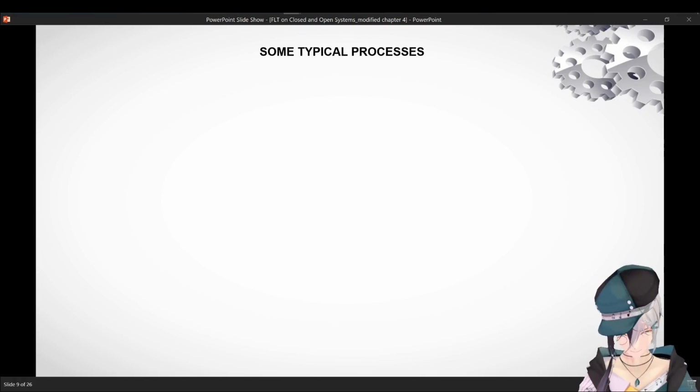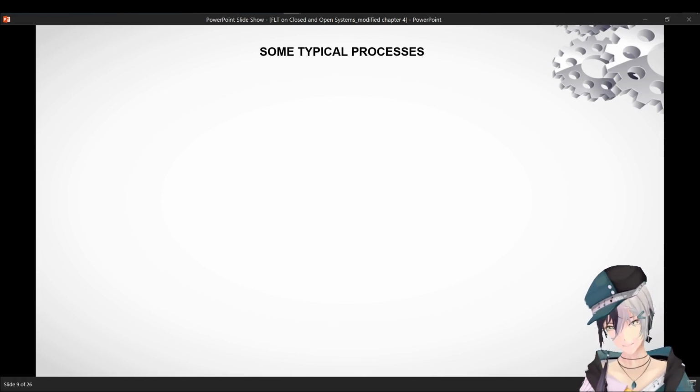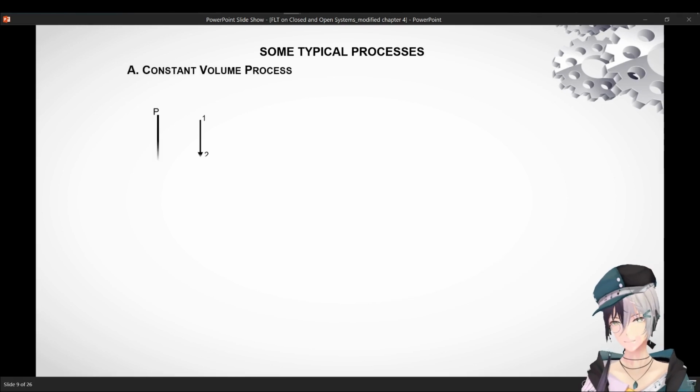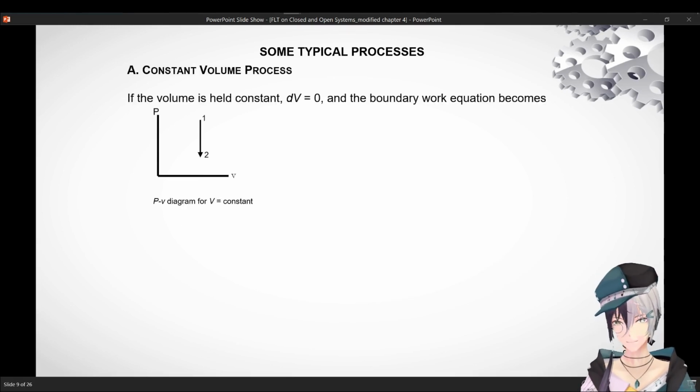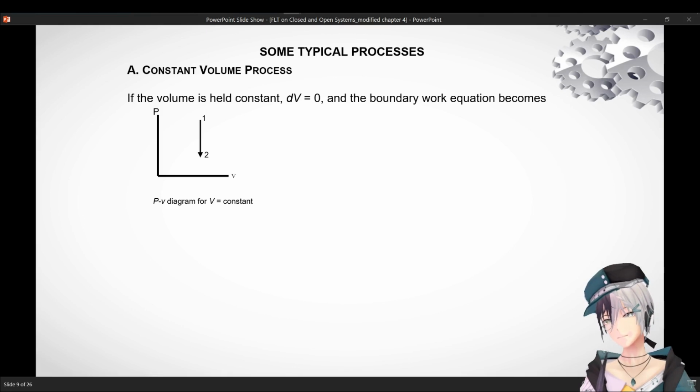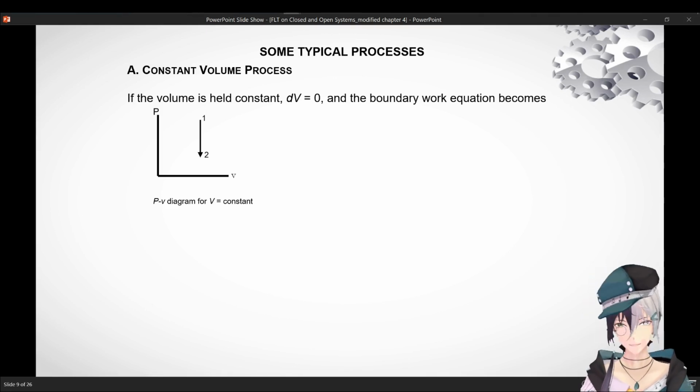All right, so let's have these processes, and we have the constant volume process. What's the other term for constant volume process? Yes, isometric.